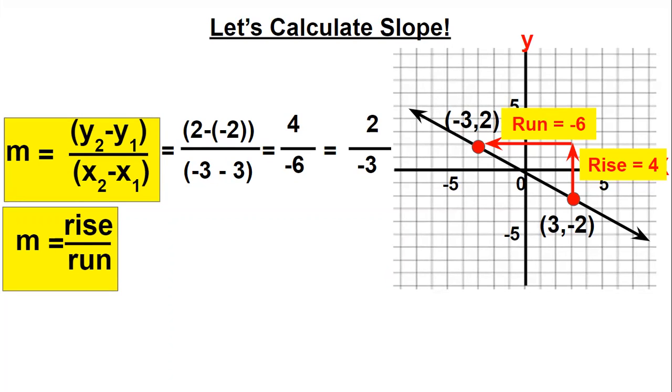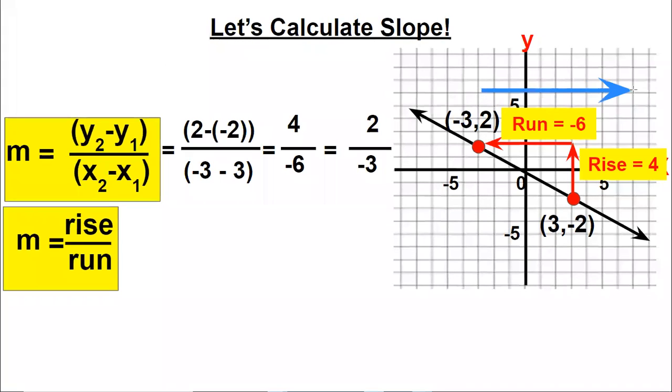Because when you run to the left, the number is negative. If you were to run the other direction, let me get an arrow here. If you run this way, the number is positive. If you go up, the number is positive. If you go down, the number is negative. So keep that in mind. It goes the same as the way the numbers are labeled on the graph.